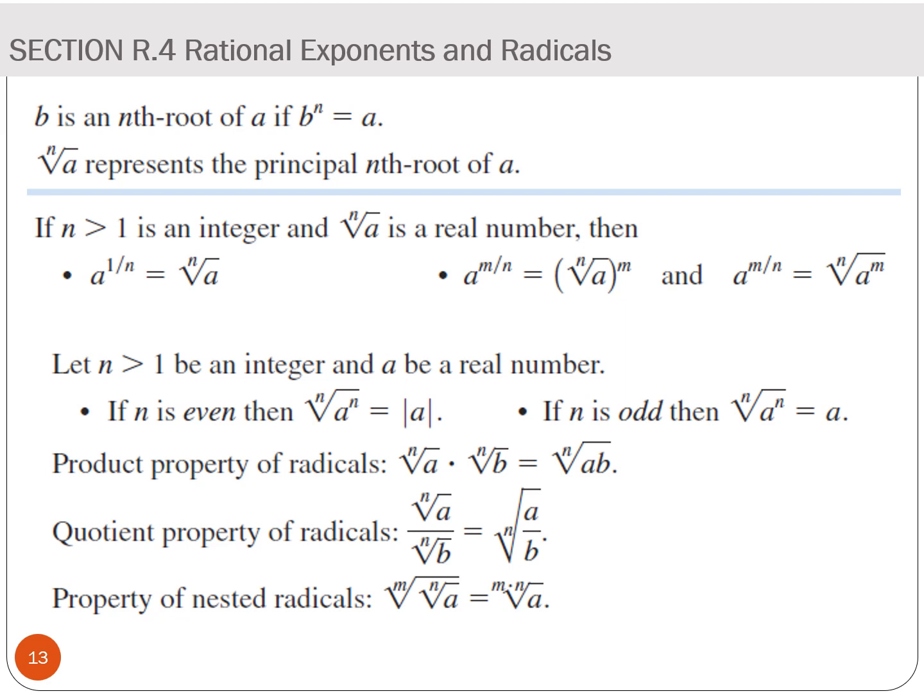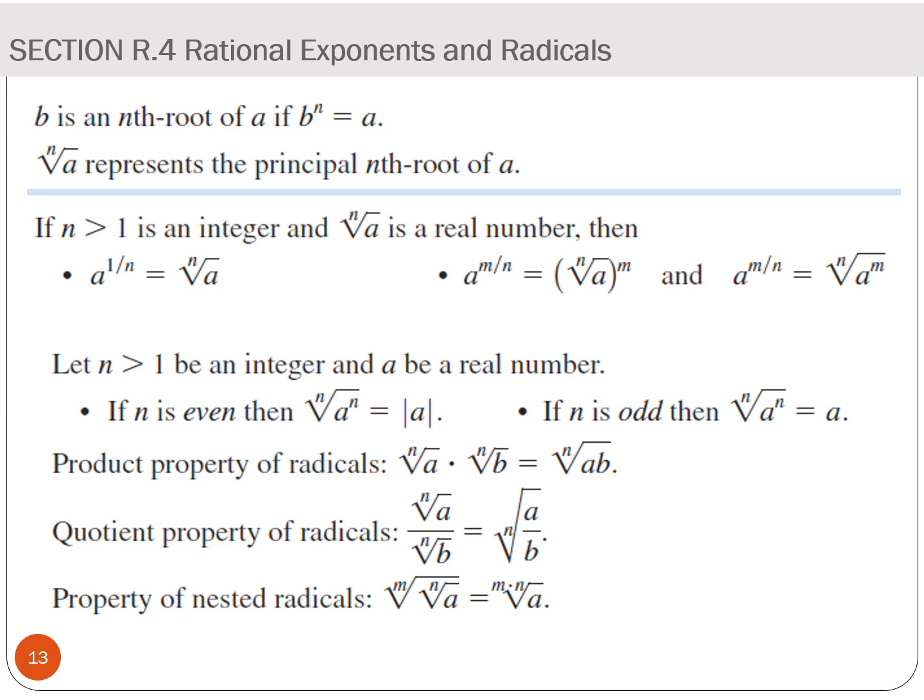Here are some quick rules that follow from the rules of exponents. The nth root of a times the nth root of b is equal to the nth root of ab. You can write the product of radicals, if they have the same index, as one radical. For quotient, the nth root of a divided by the nth root of b is equal to the nth root of a over b.